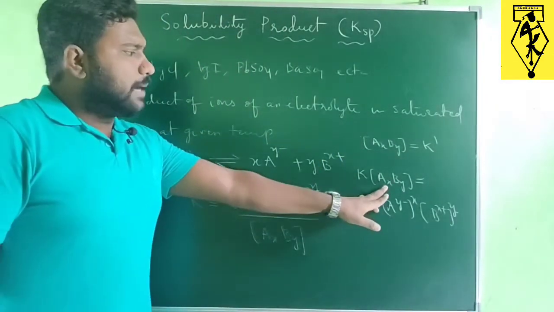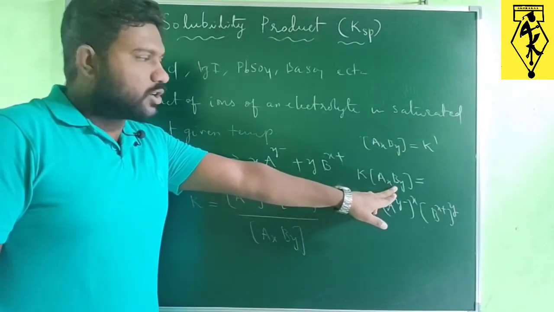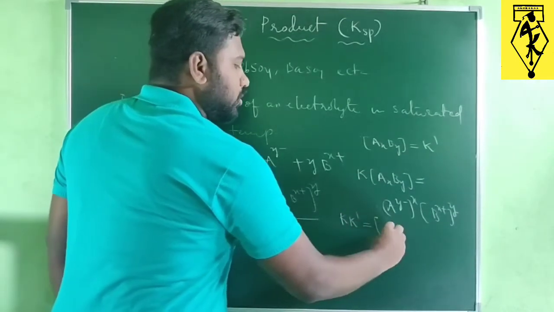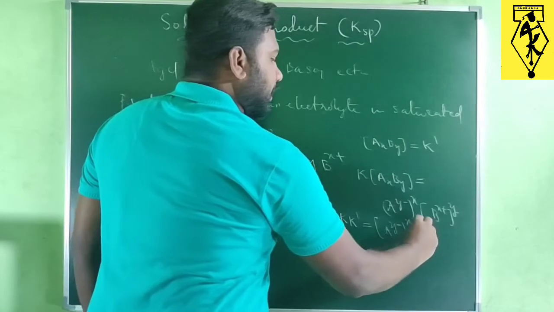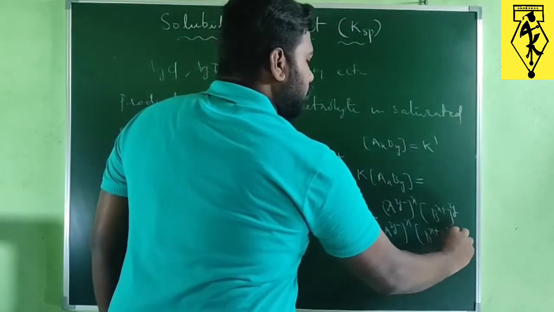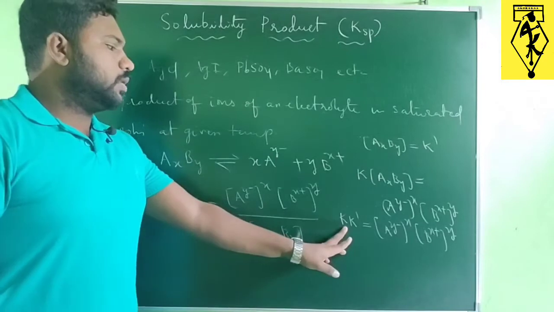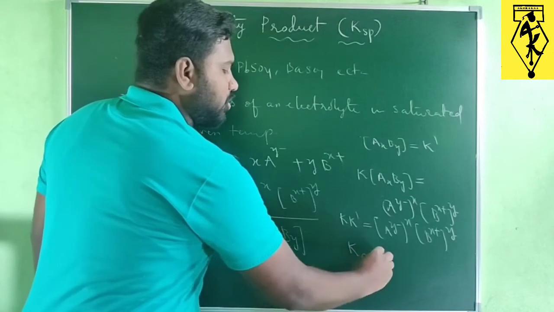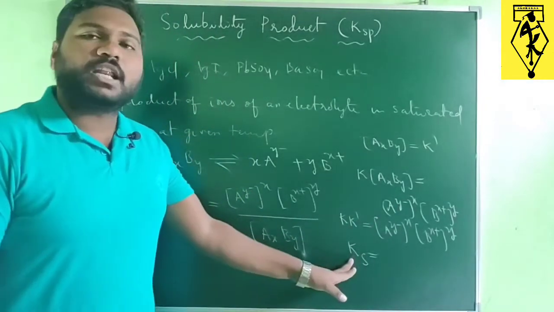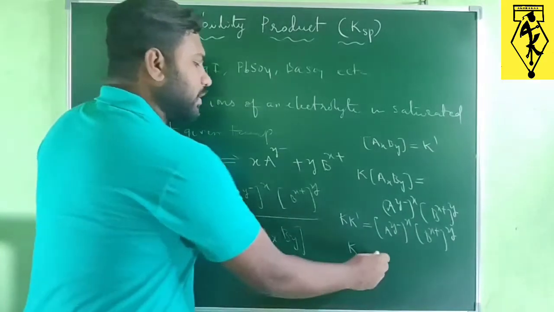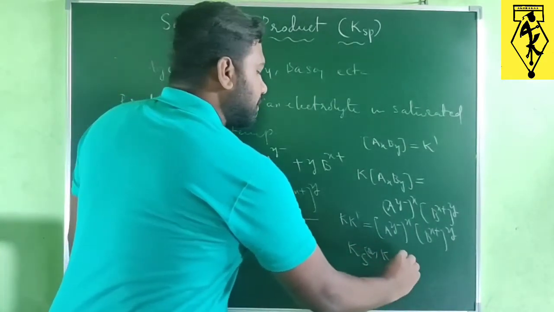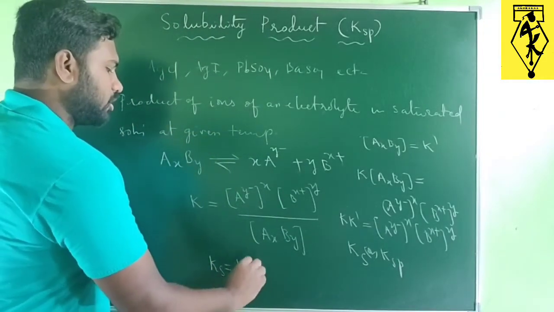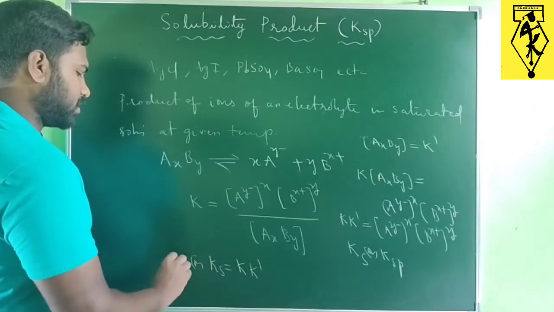Now I am substituting K prime instead of the AxBy concentration. So K into K prime can be taken as the solubility constant Ks, or simply we can say solubility product Ksp. So here I am writing Ks equals K into K prime, or Ksp.